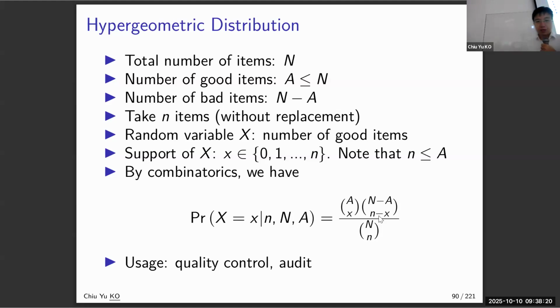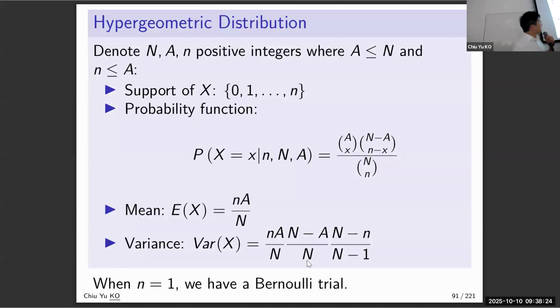That would be the question. This P function is a fraction of combinations, and then the mean and variance as well. It's very useful if you study accounting or you want to do quality control.